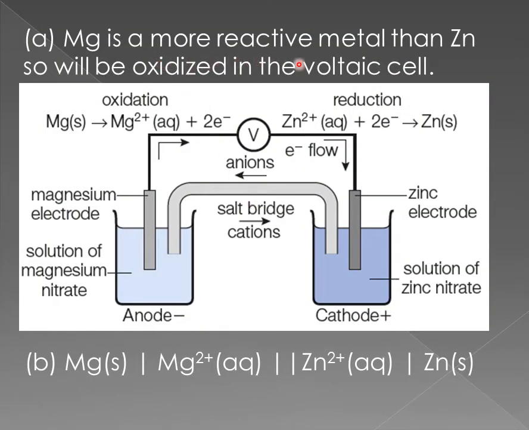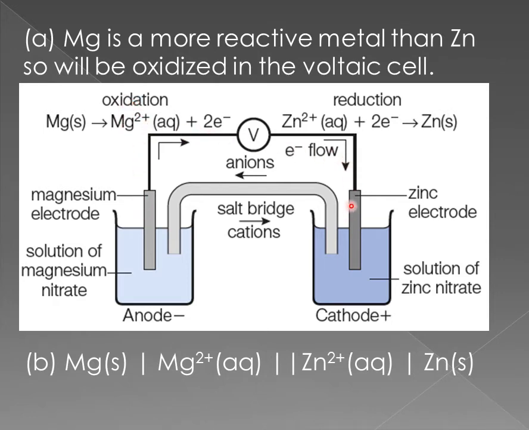Magnesium is a more reactive metal than zinc, so magnesium will be at the anode where oxidation happens. Don't forget an ox, oxidation at anode.